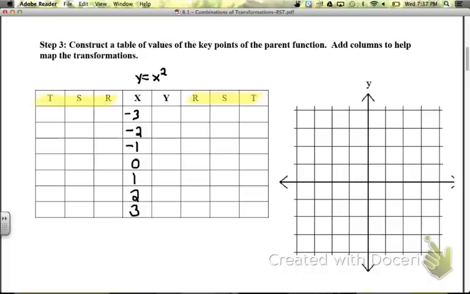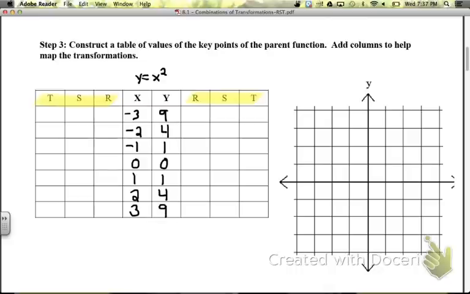So when x is equal to negative 3 and we sub that into y equals x squared, we get that y is equal to 9. When it's negative 2, 4, negative 1, 1, 0, 0, and then we have 1, 4, 9.